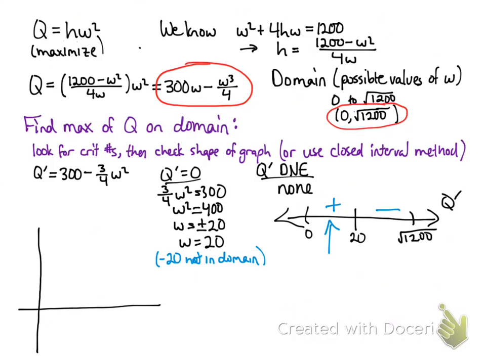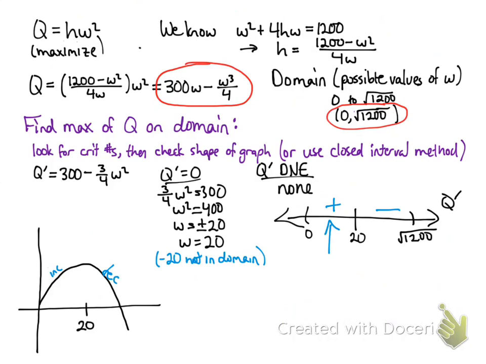Okay, so what does that mean for the shape of our graph? That means between 0 and 20, the q prime is positive, so the function q is increasing. And then after 20, q prime is negative, so the function is decreasing. So it looks like this, increasing, then decreasing, and there's that local maximum at 20.